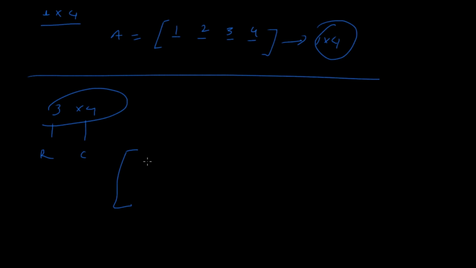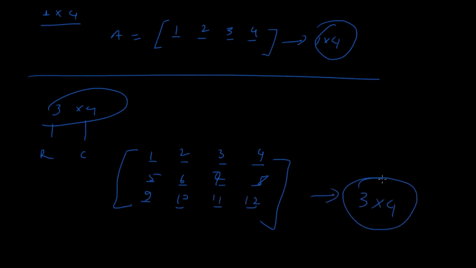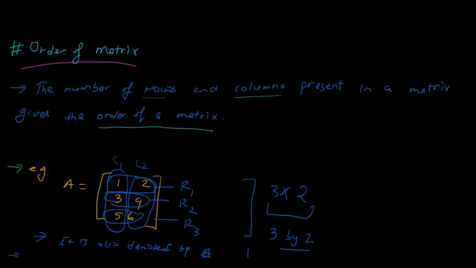So we must have 3 rows, 1 2 3, and 4 columns, 1 2 3 4. We can write any number here, 1 2 3 4 5 6 7 8 9 10 11 12, which is a 3 by 4 order matrix. So I hope you understood the concept of order of matrix.